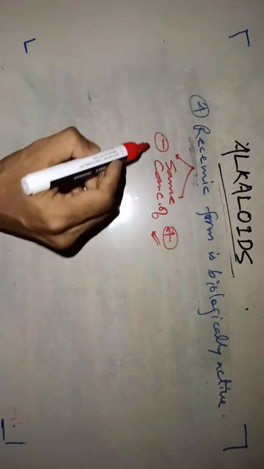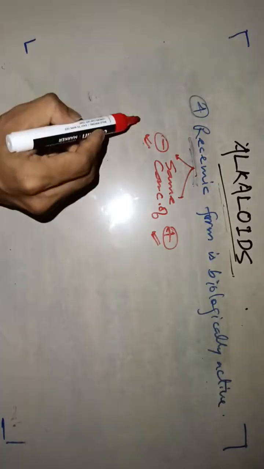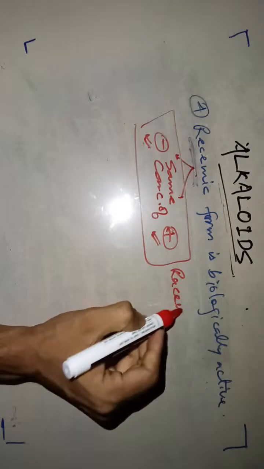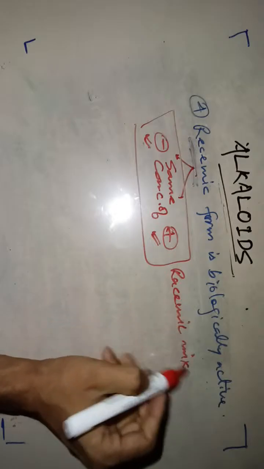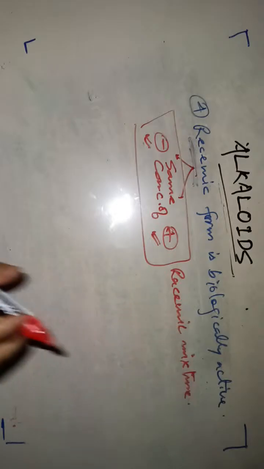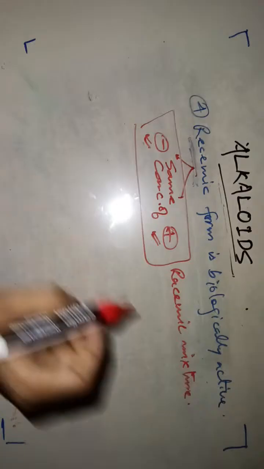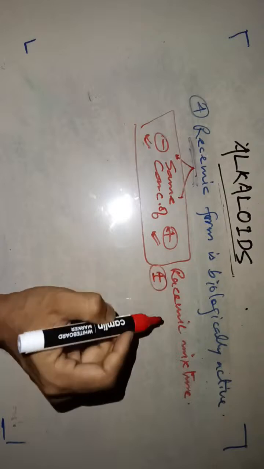This is called racemic mixture, indicated by plus minus.